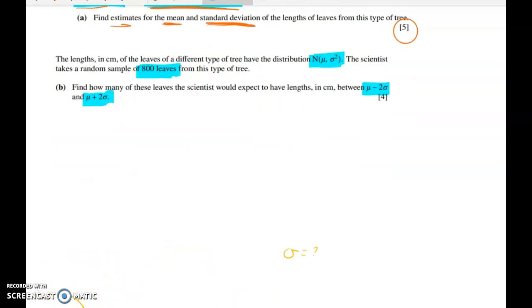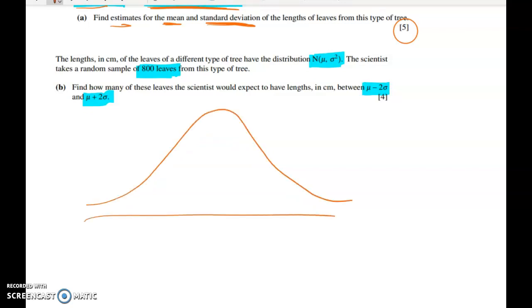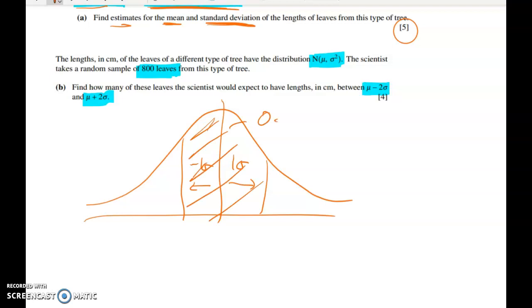So way back when we started the normal distribution, I think I told you basic facts about the normal that I got taught when I was 15 at school: if you go one standard deviation either side of the mean, you cover roughly 68%.